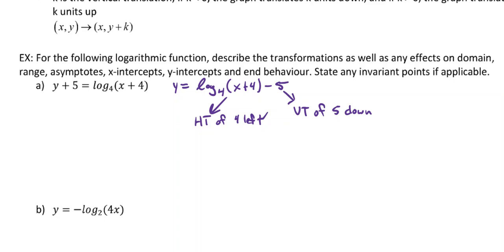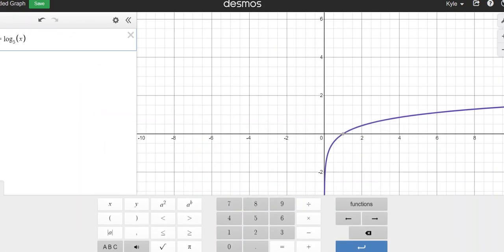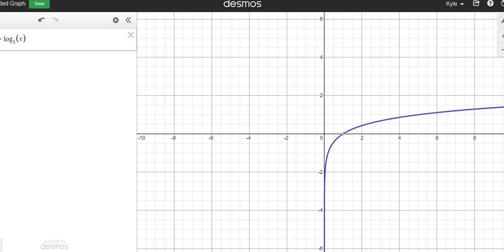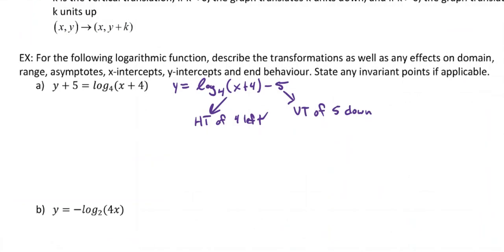So remember what we're doing. We're applying it to this, is the idea. So vertical asymptote. Our vertical asymptote on the original would have been x is equal to, well, what would that have been just on the base function?